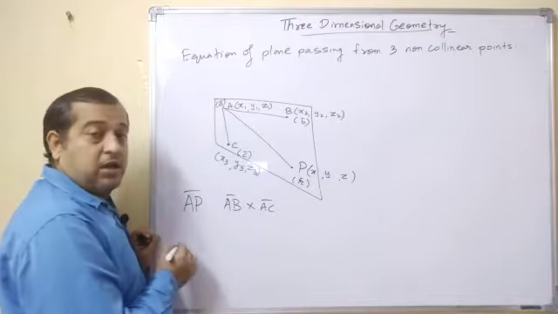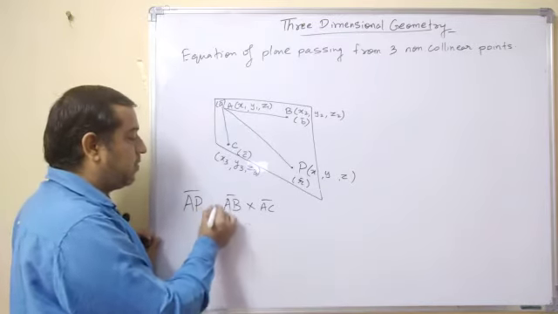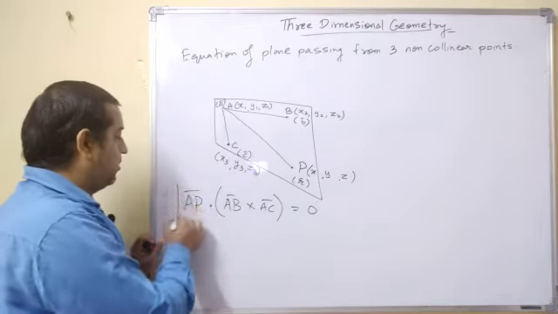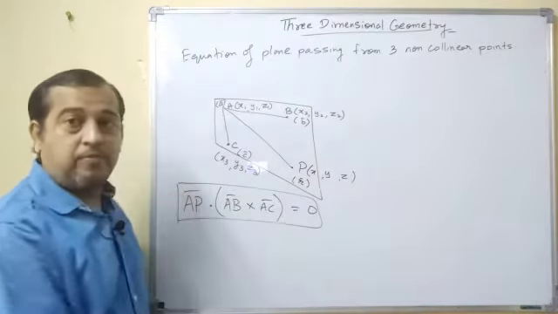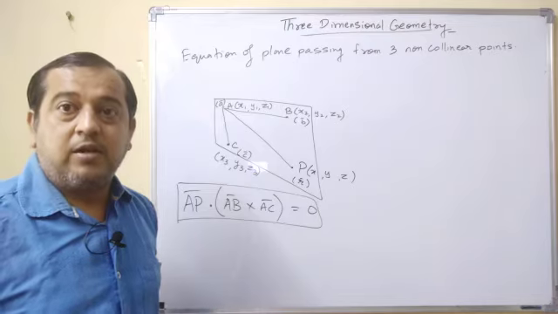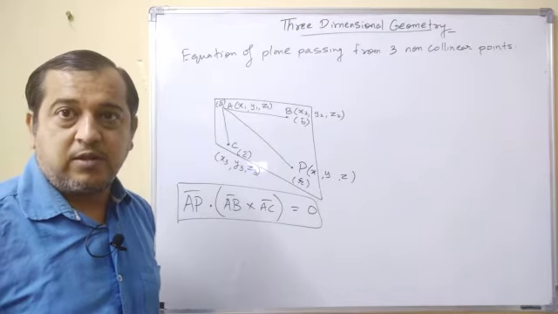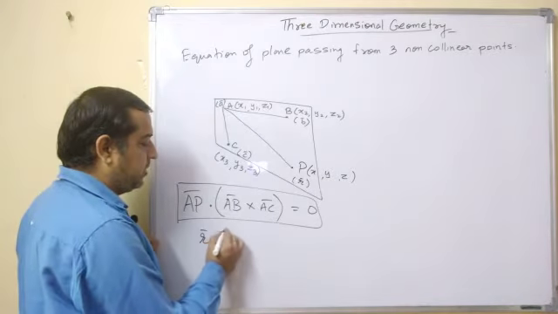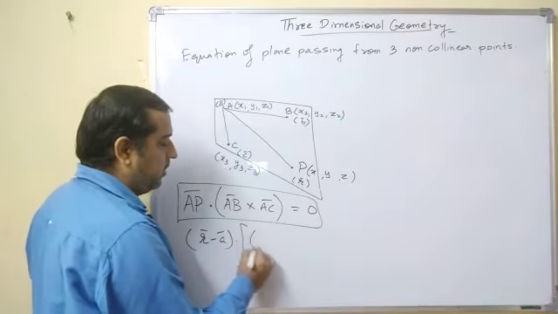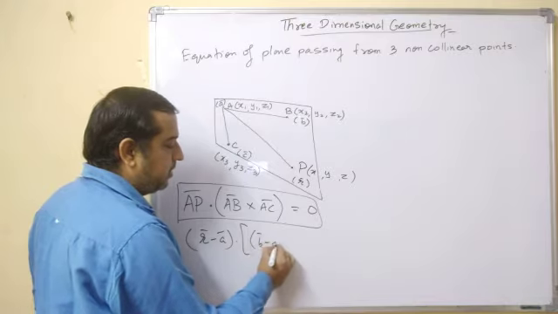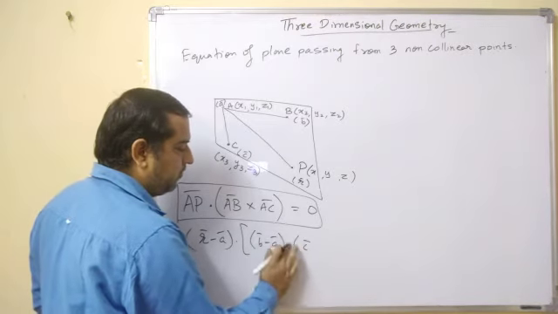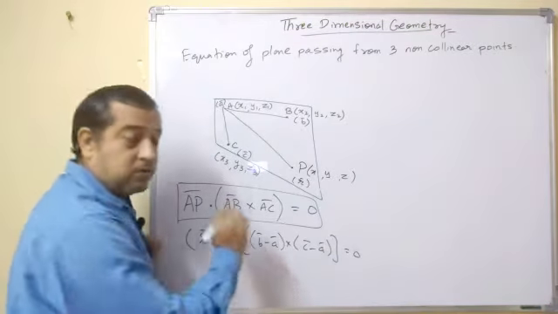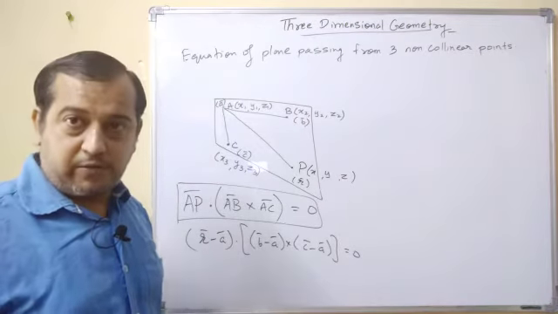So vector AP, when taken dot product with it, will give you 0. This is the equation of the plane in vector form. Further, you can write this as (vector R minus vector A) dot (vector B minus vector A) cross (vector C minus vector A) equal to 0. This is the equation of the plane in vector form.